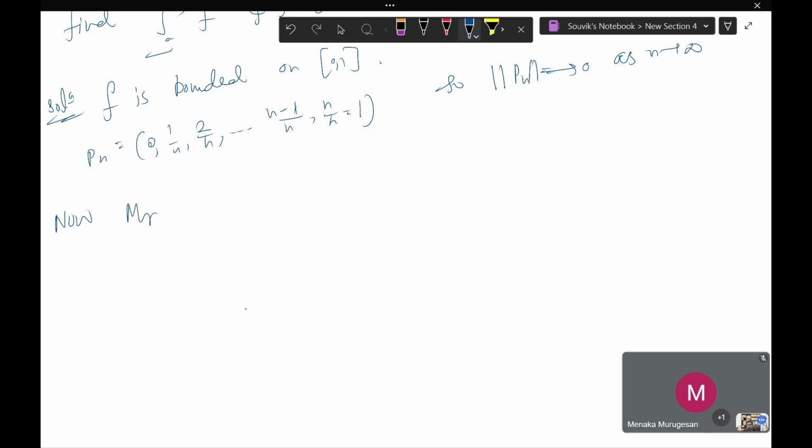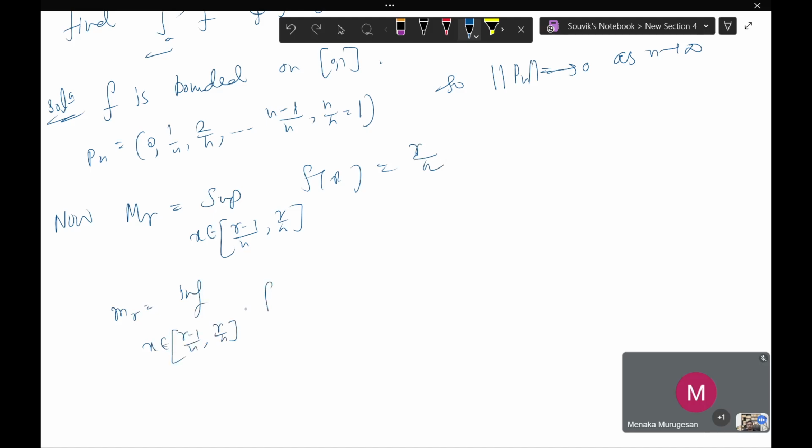What is M_r? M_r will be the supremum of f(x) over x in [(r minus 1) by n, r by n]. So this will be equal to 1, and small m_r is equal to the infimum of f(x) over the same interval, which is 0.